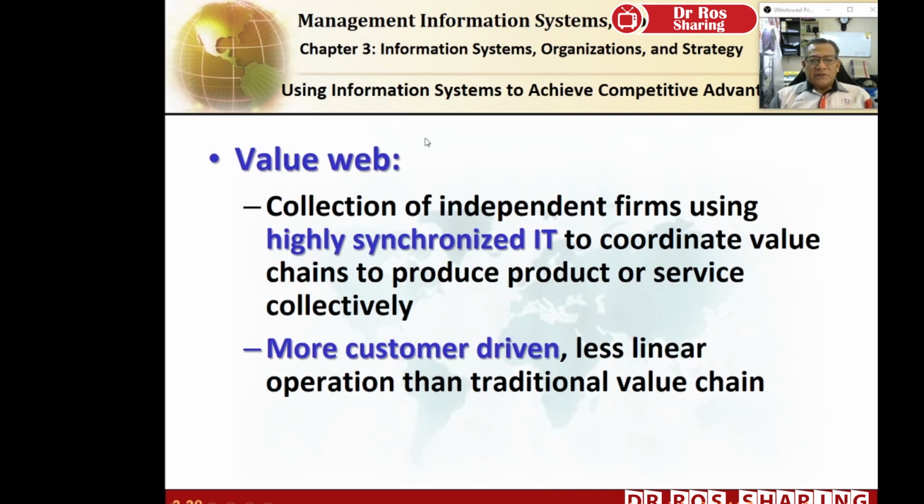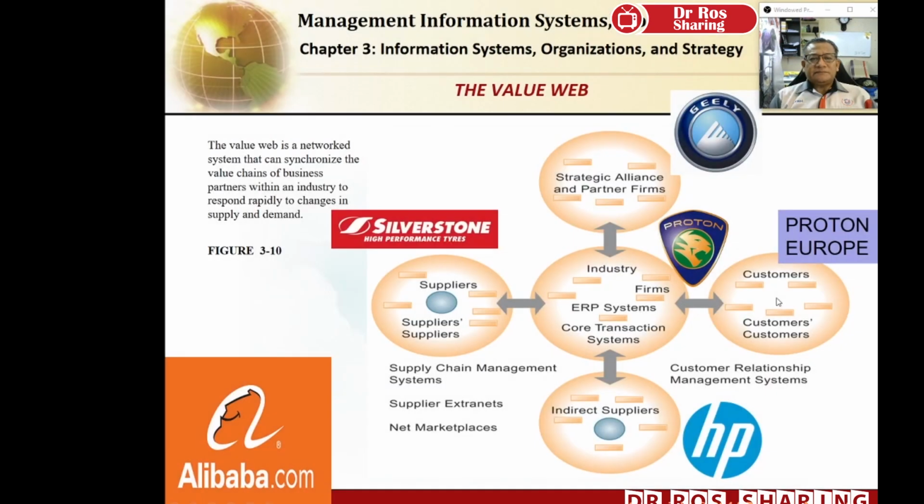We also have the value web, in which all business processes are highly synchronized into a server and networked from supplier to producer and even to customer or to a company in retailing, for example. This is the value web for Proton.